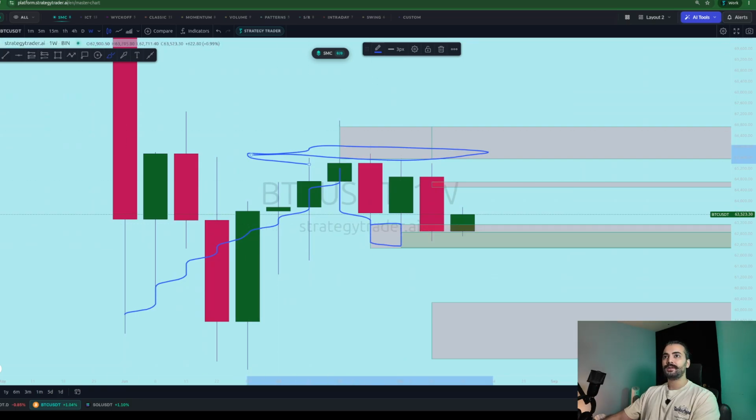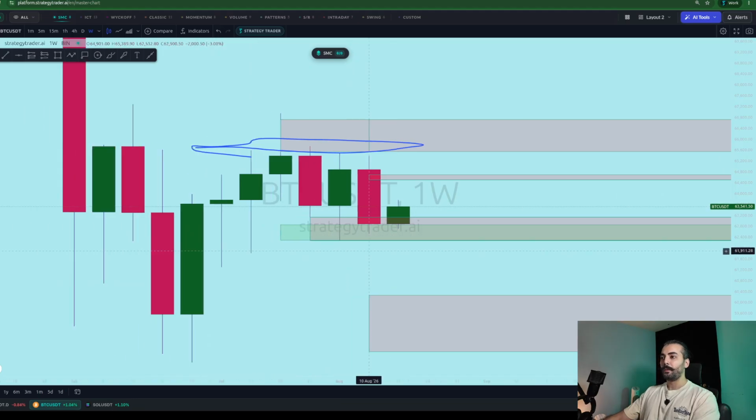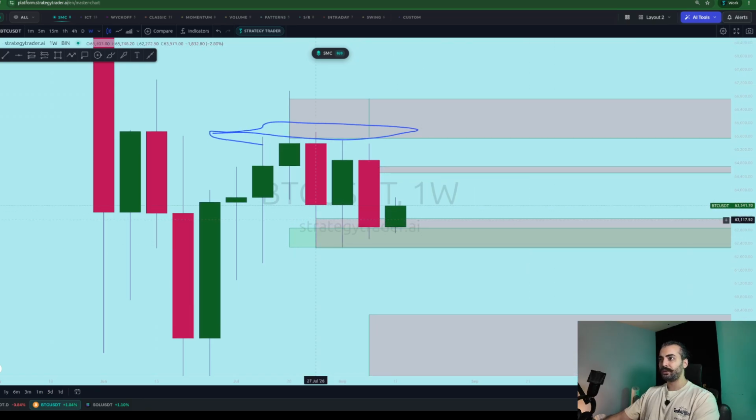Okay, let me get rid of the drawings here so you can see this better. As you can see here, this is our low. Actually, not closed below the low, but we closed below the opening of this.